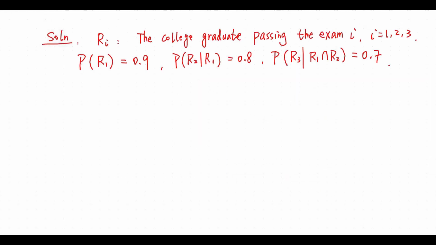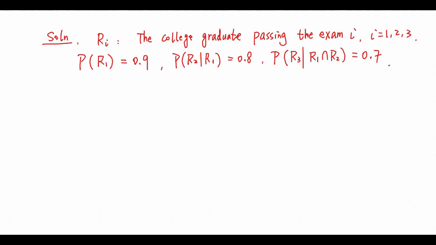Solution. Ri is the event of the college graduate passing exam i. The probability she passes exam 1 is 0.9. If she passed exam 1, the conditional probability she passes exam 2 is 0.8.